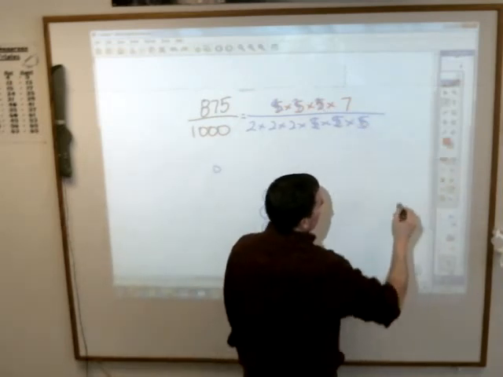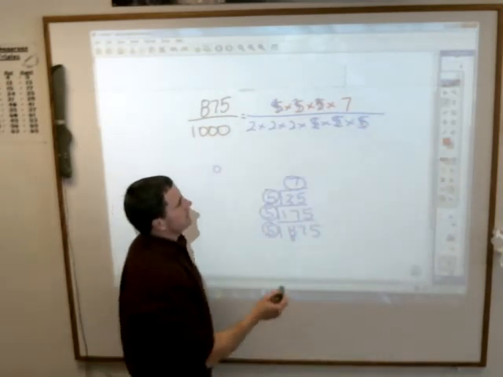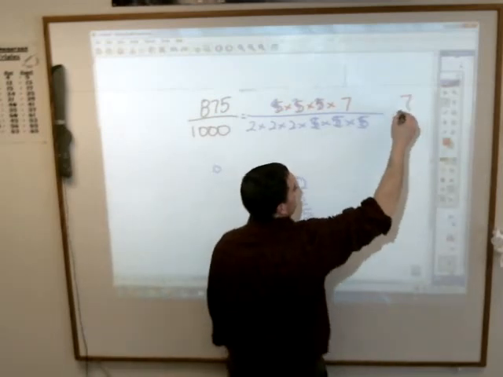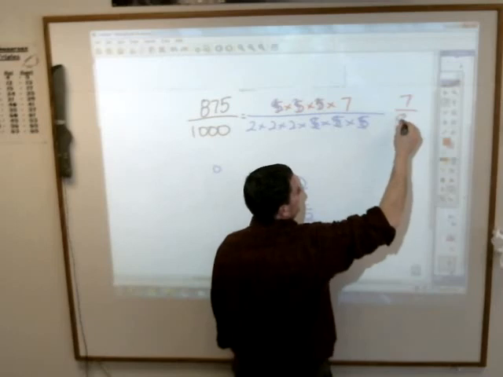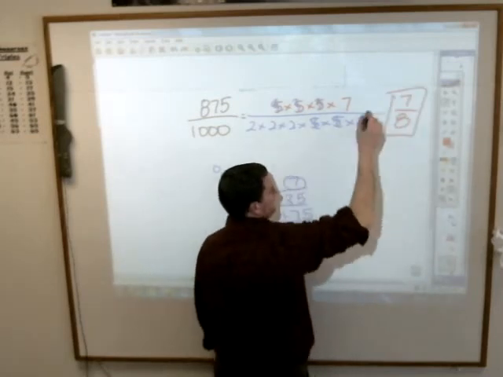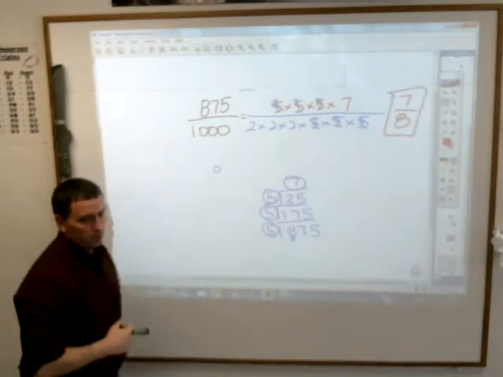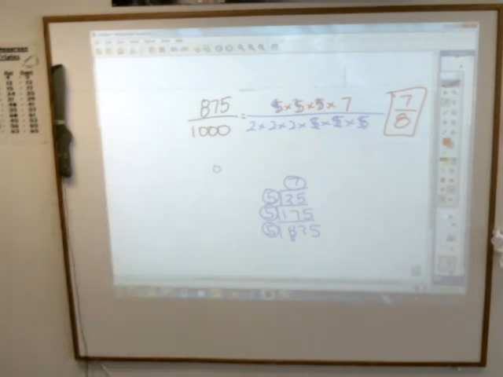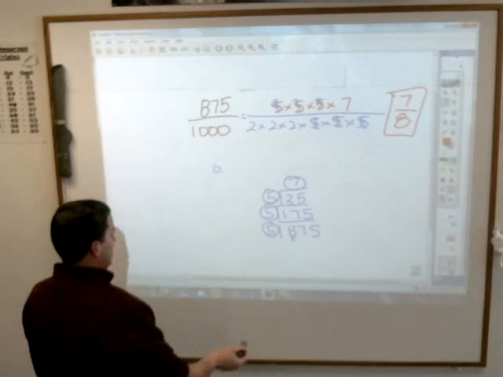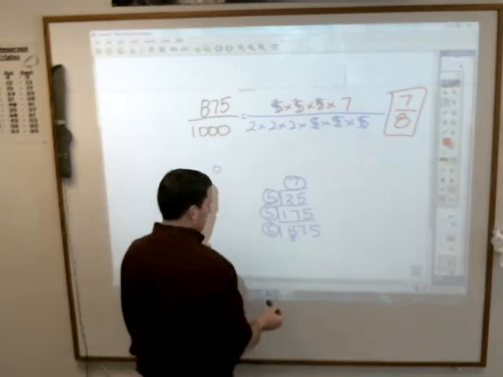If you remultiply all this out, what are you left with on top? A 7. On the bottom, 2 times 2 times 2 is 8. 2 times 2 is 4. 4 times 2 is 8. It's not 2 plus 2 plus 2. It's 2 times 2 times 2. Problems with that? Excited?